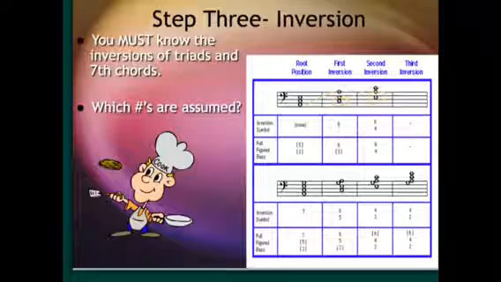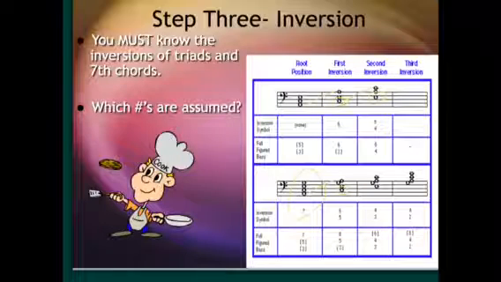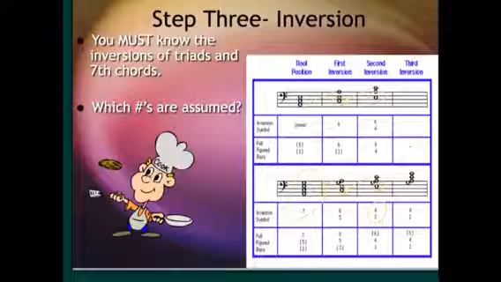Similarly, when we have a 7th chord, and we take the root up an octave, we get a first inversion chord with the 3rd on the bottom, and then we take that up an octave, flip it again, we get the 5th on the bottom, thereby giving us a 4-3 or second inversion, 7th chord.